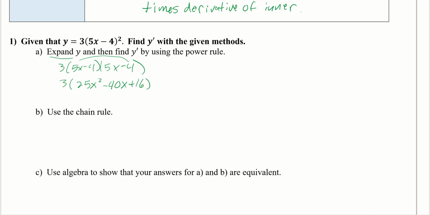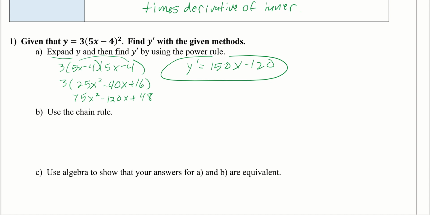Then finally multiply that 3 in, so 75x squared minus 120x plus 48. All we did is expand, and now to take the derivative with the power rule, we bring that power down, so 150x minus 120. And that's it.